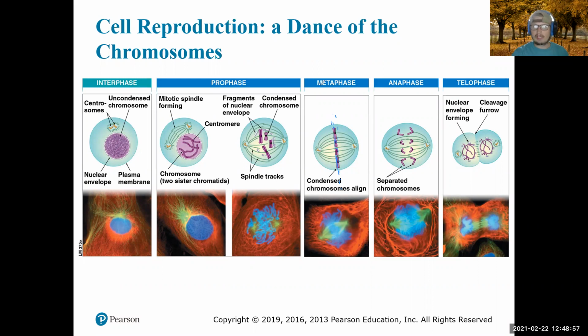And so metaphase is lining up of those chromosomes, the sister chromatids, along that metaphase plate. And with the metaphase plate, it could be in any direction, right? It could be vertical, it could be horizontal, it could be at a diagonal. And so as long as it's lining up along the equator of the cell in any plane, that's fine.